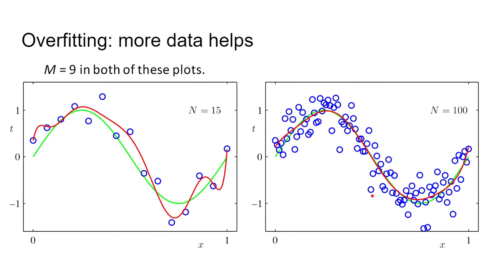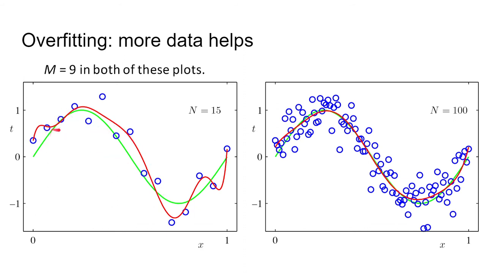Okay. Another thing that sort of helps deal with this overfitting. So here we have two examples where we still have the same number of features. We're still using m equals 9, so we have 9 features. But on the left we have 15 data points, and on the right we have 100 data points. And on the left, that's just what the solution is.